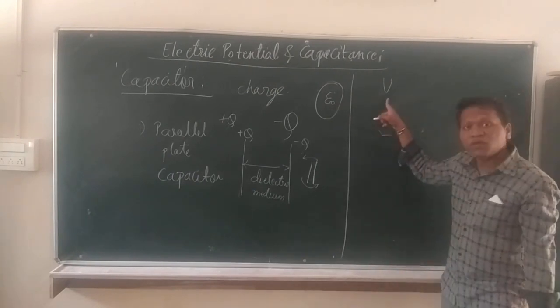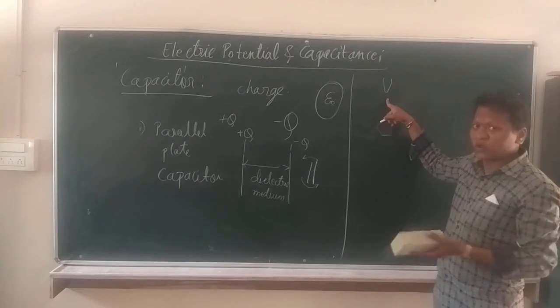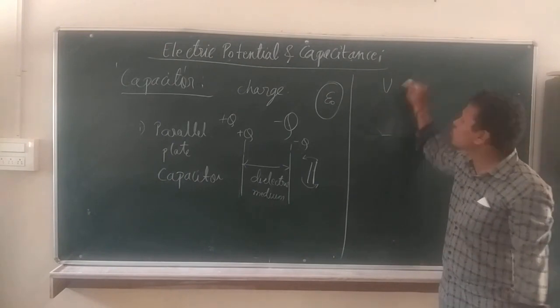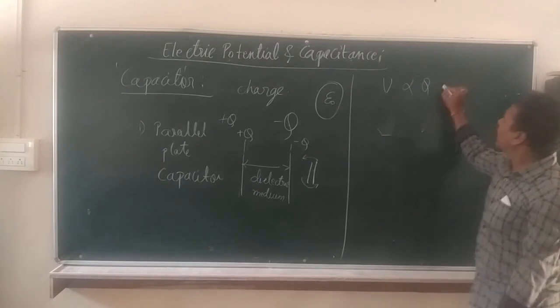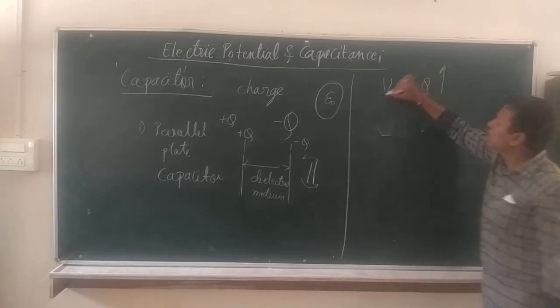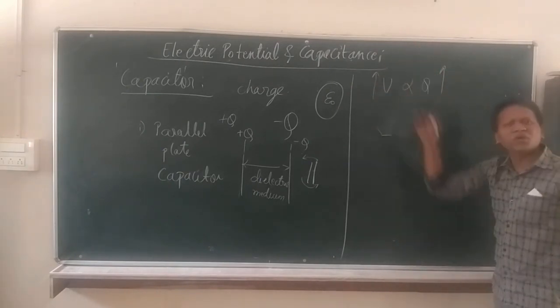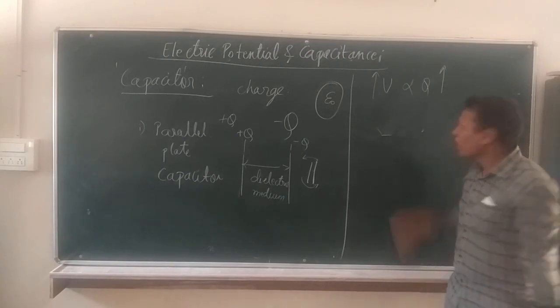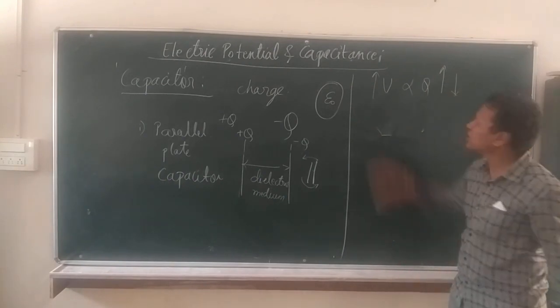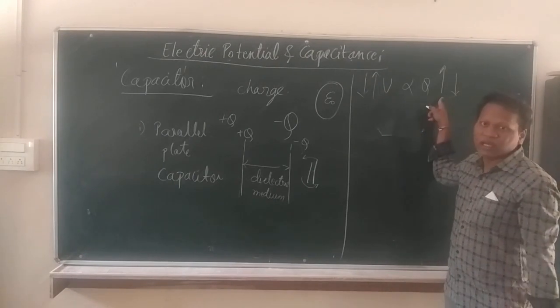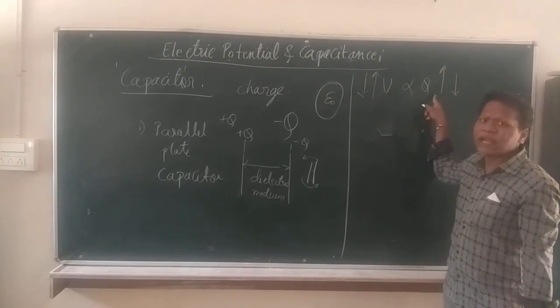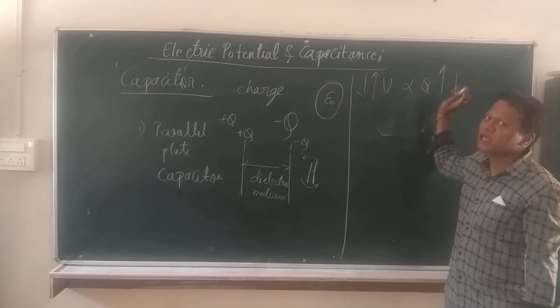When you study the nature of the electric potential, it is directly proportional to charge Q. As you increase the number of charges, you increase the electric potential of that particular point. As you decrease the charges, you decrease the electric potential. So these are in a directly proportional condition.